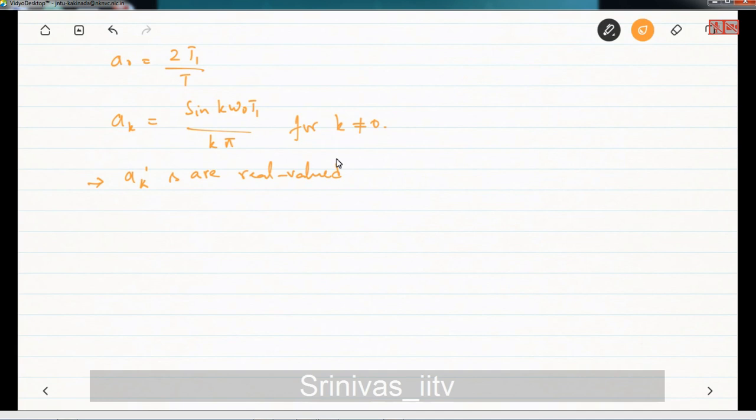And finally these AKs are discrete values, defined for k equal to 0, plus or minus 1, plus or minus 2, plus or minus 3, and so on up to plus or minus infinity, right? So on the x-axis you have the k value, and on the y-axis you have the AK values.